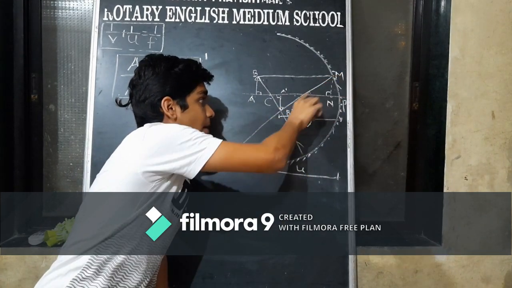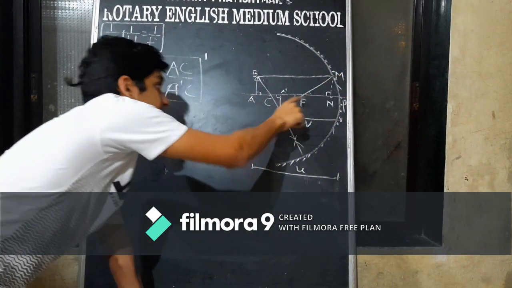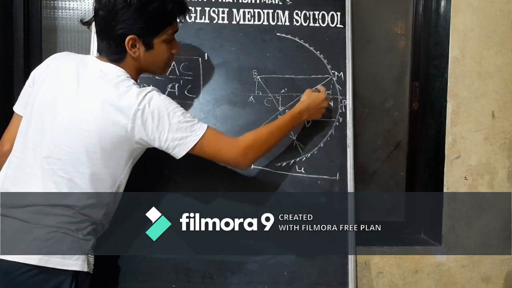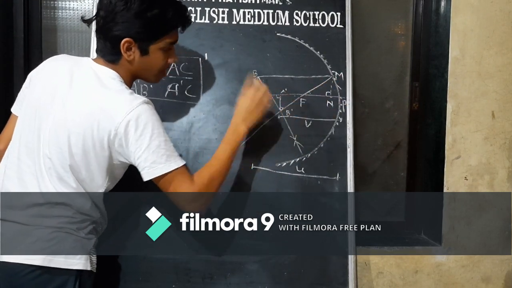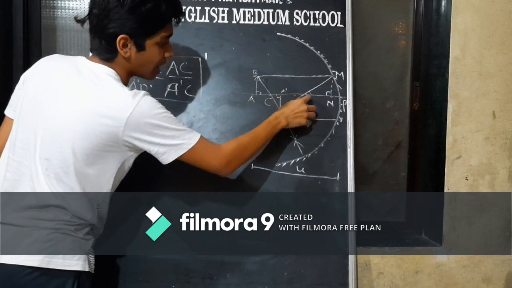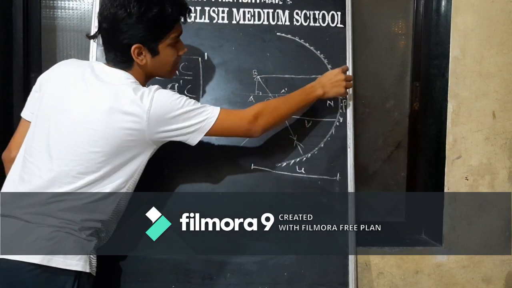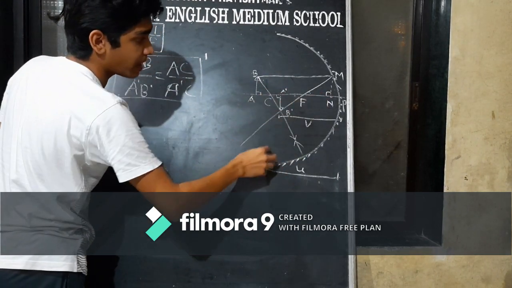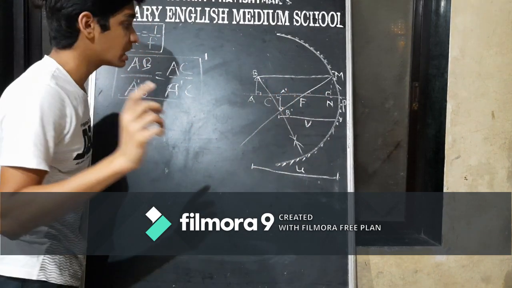So in triangle A dash F B dash and triangle MFN, these both are perpendiculars and these both are vertically opposite angles.